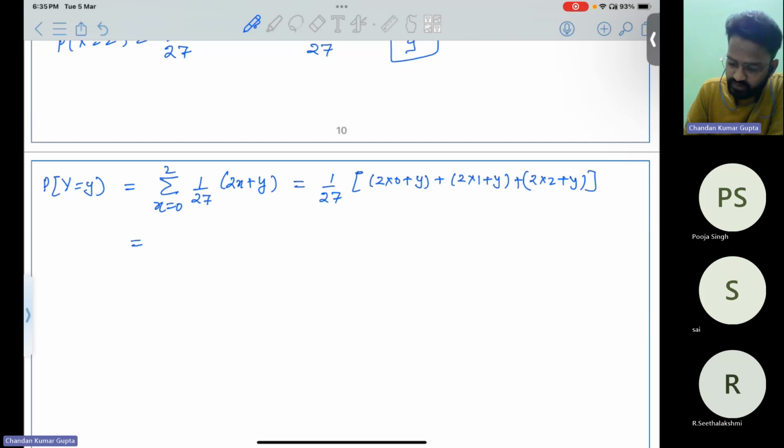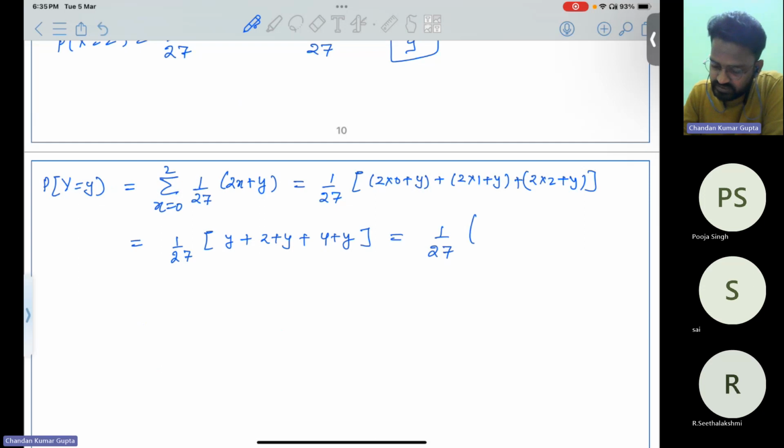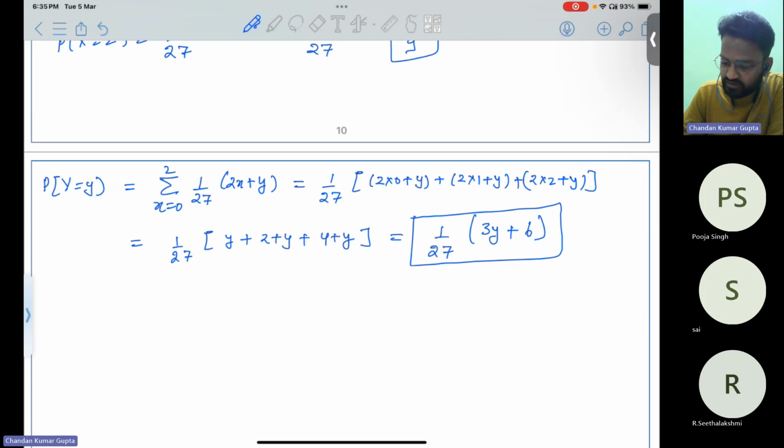So solving, we get 1 upon 27, and it is y plus 2 plus y plus 4 plus y, which is 1 upon 27, and it is 3y plus 6. Okay, so this is the marginal PDF for y equal to 0, 1 and 2.